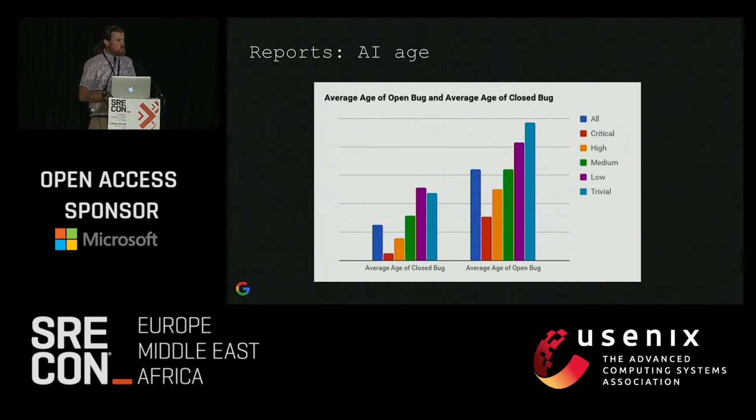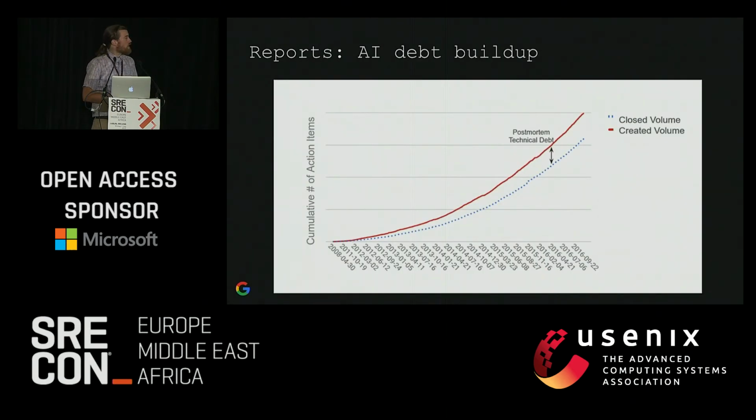And the other thing I would say is, once a bug is no longer relevant, or if it might not be relevant, you're better to just close it out and say, we're not going to work on this, rather than adding to an ever-increasing pile of technical debt. So this is a graph of total number of bugs created versus closed. And that gap that you see there is a risk in terms of the amount of debt that is increasing.